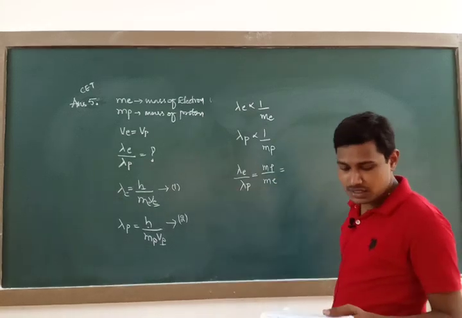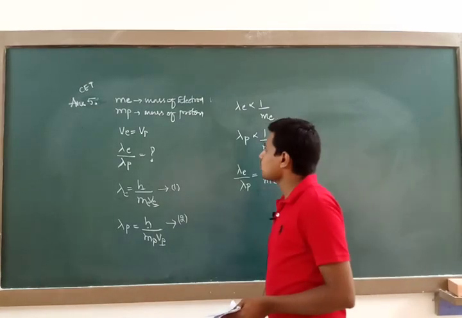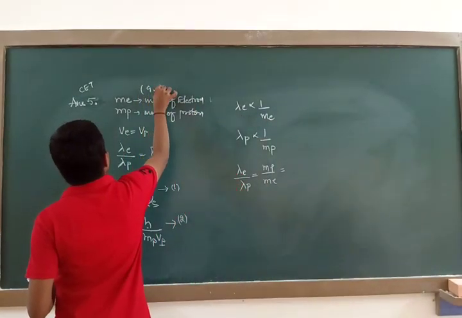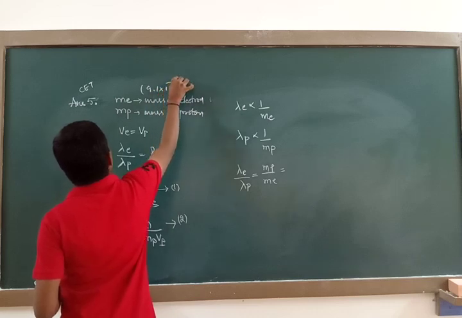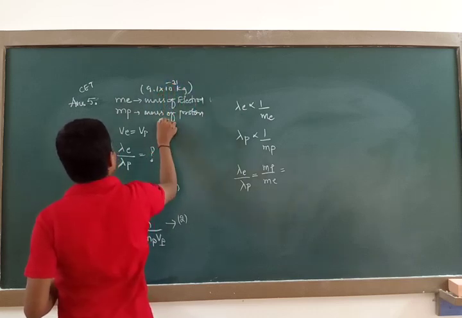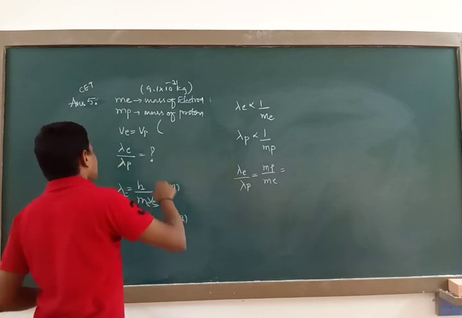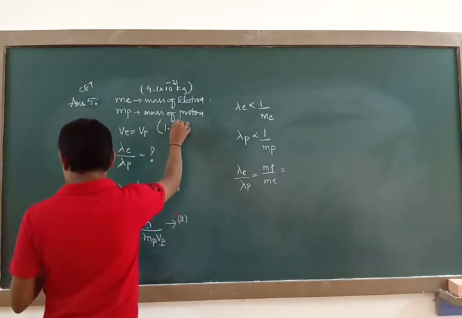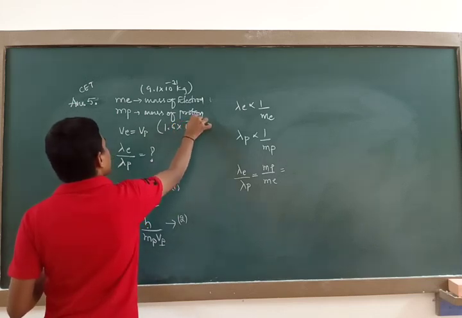Another condition here: I forgot to give you the data. The mass of the electron they gave is 9.1 into 10 raised to minus 31 kg, and the mass of the proton they have given is 1.6 into 10 raised to minus 27 kg.